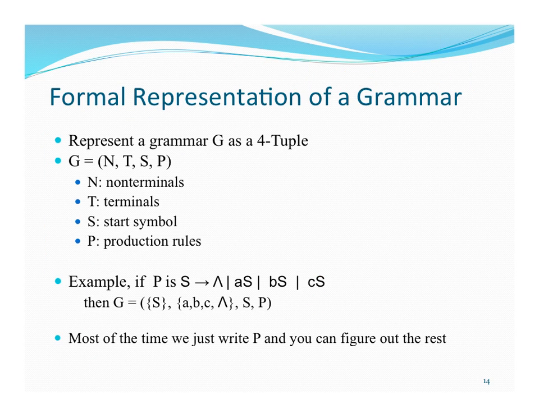Just like we have a formal way to represent a DFA as a 5-tuple and a formal way to represent an NFA as a 5-tuple, guess what? We can represent a grammar as not a 5-tuple, but a 4-tuple. Okay? We have a list of the non-terminals, a list of the terminals, we specify the start symbol, and we give all the production rules. Most of the time, we're just going to write the production rules.